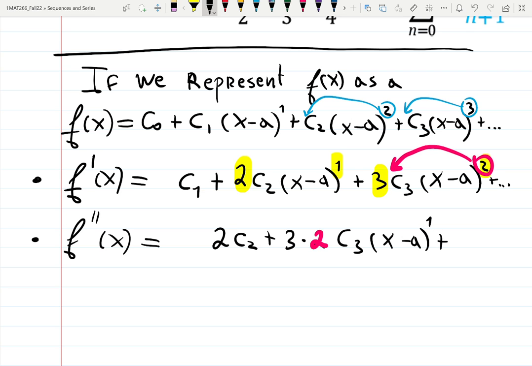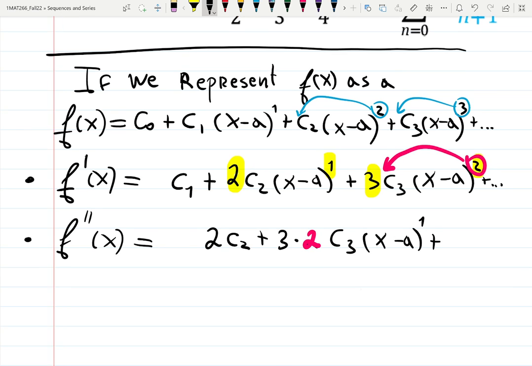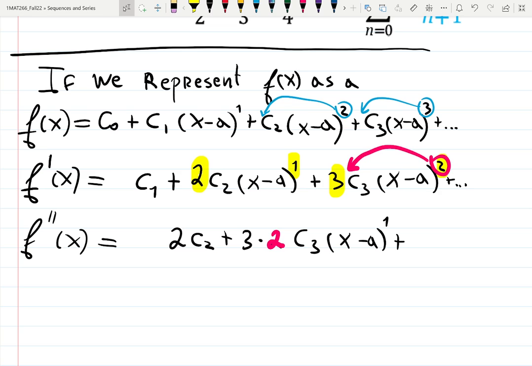Can you tell me the next one without seeing it from f prime? Do you know what the next one will look like? Can you guess? So it's going to be 2, yes? Times what? You already told me c. I definitely know it's c sub 2, c sub 3, c sub 4. Now you told me 2 or 4. Which one? Are we going down or up? Up.